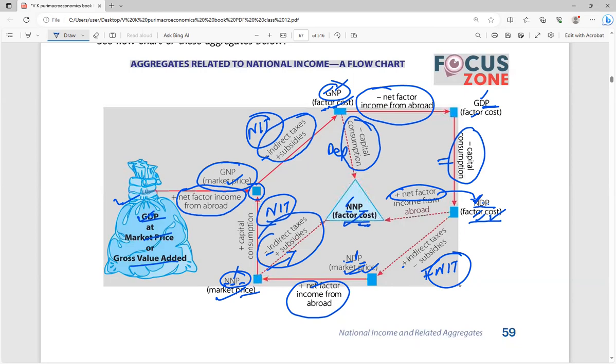Okay. Now see here to here the arrow. It was NNPMP. If I add depreciation, that is capital consumption, then only net becomes gross. So again it becomes gross national product market price. Is that okay? Did you all understand?